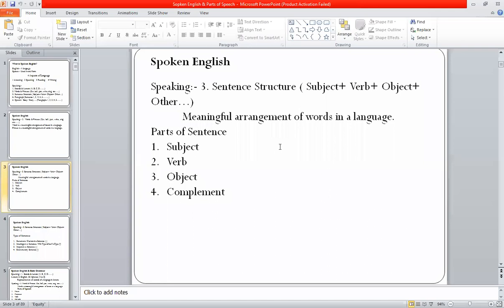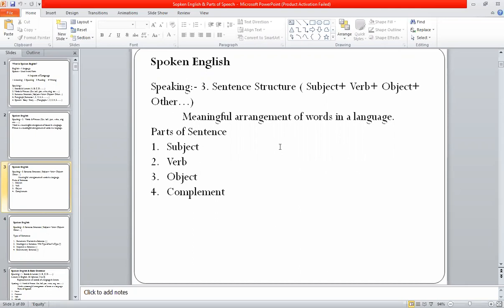It is also the noun who is doing an action in the sentence, so that is why it is called the subject. Then second is the verb. Verb is an action denoting word. Any type of action we indicate with the help of a verb.